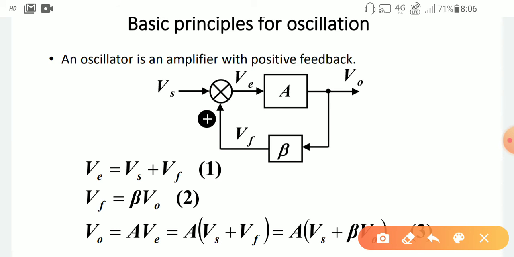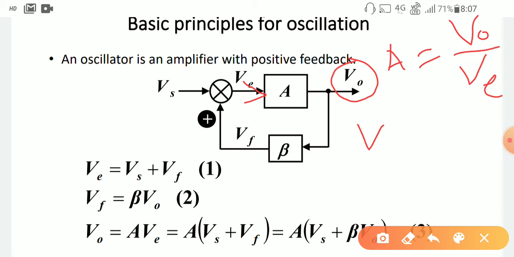Now recall A: for this box, input is V of E and output is V0, so A is output by input.